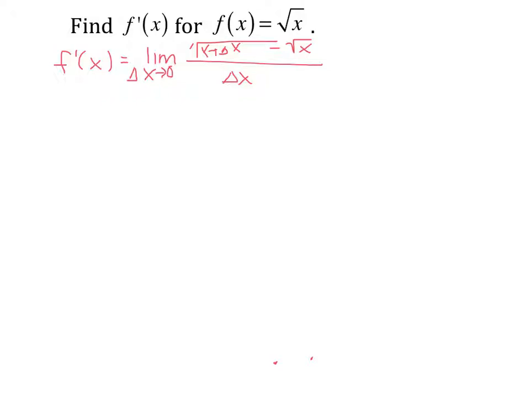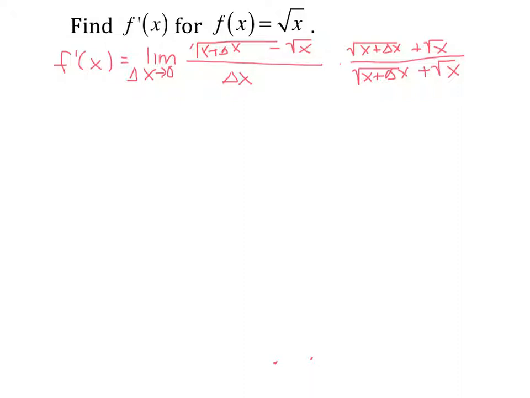So we need to rationalize. We're going to multiply by root x plus delta x plus root x, all over root x plus delta x plus root x.